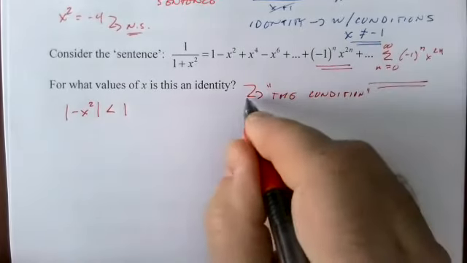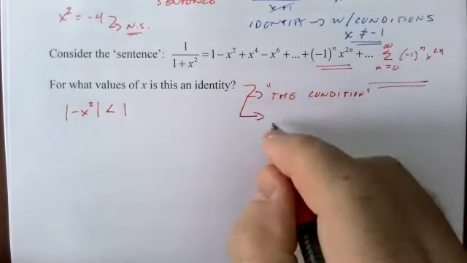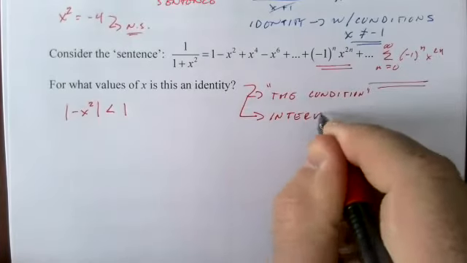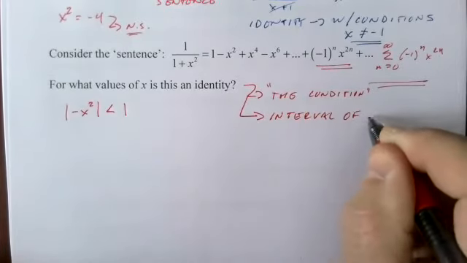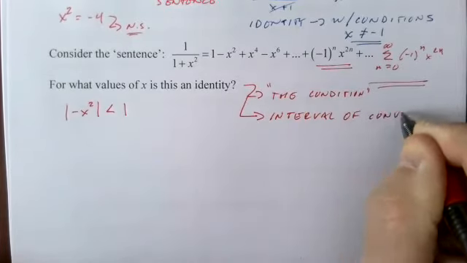And for series, we're looking for what's called the interval of convergence, which I will abbreviate everywhere I can, the IOC. When does it work? Well, that's what this tells us.